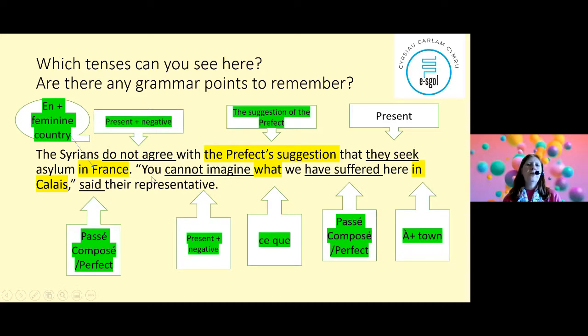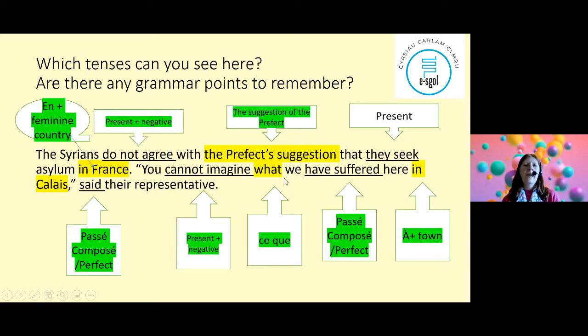You could just use "you imagine", "you don't imagine". Okay, that is fine. And for using "you", remember you could use vous, you could use tu, and you could also use on as a collective. Moving along, we have "what", and this would be translated as ce que.